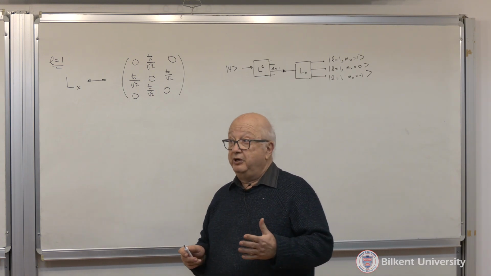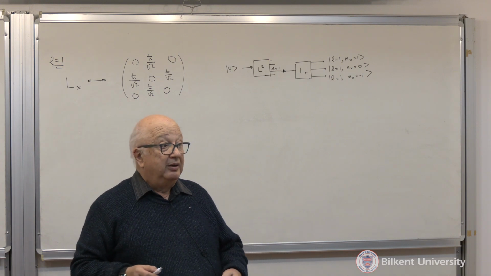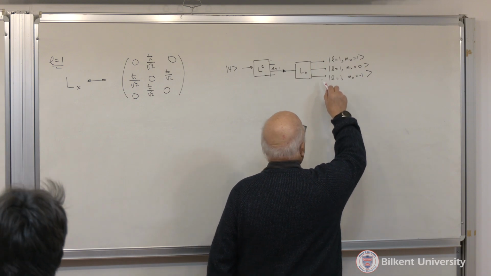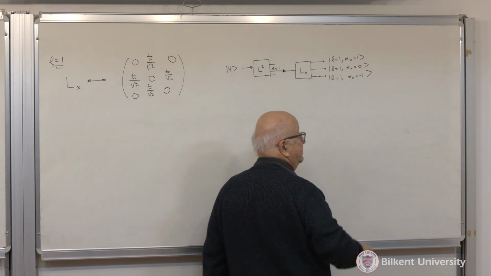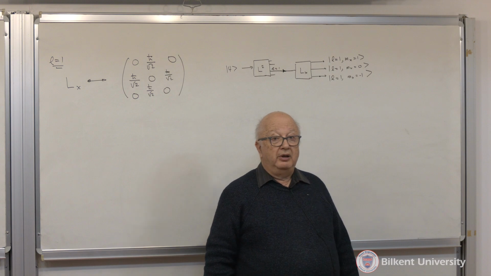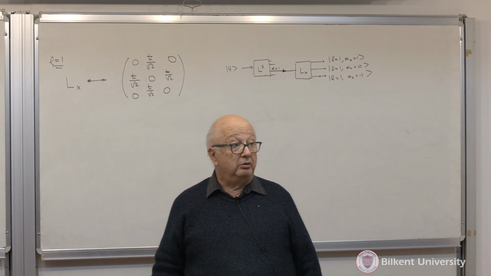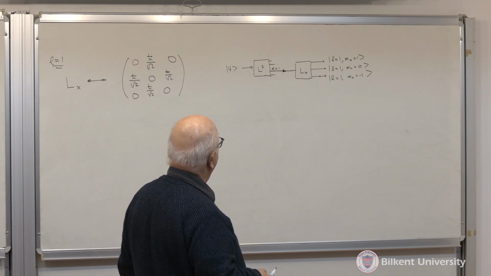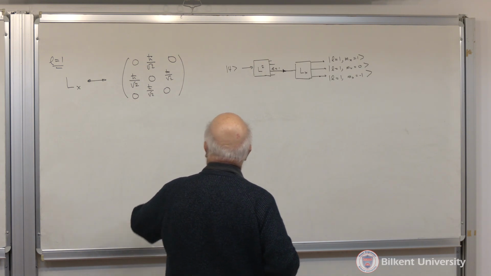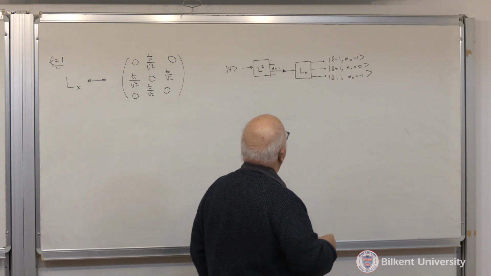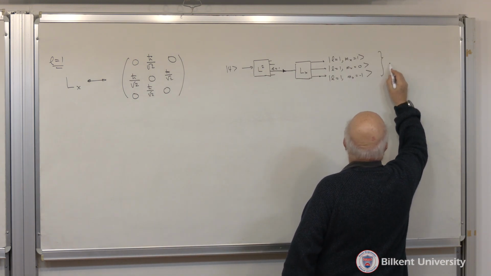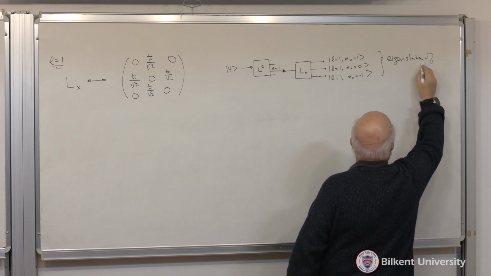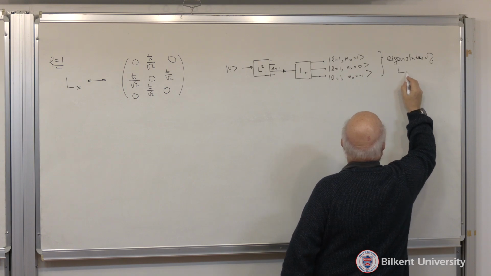The important point is that Lx and Lz do not commute. So if I get this state, I don't know anything about what mz is. Now we are going to start relating these things to one another. Now I want to find the eigenstates, so these things here are eigenstates of Lx.